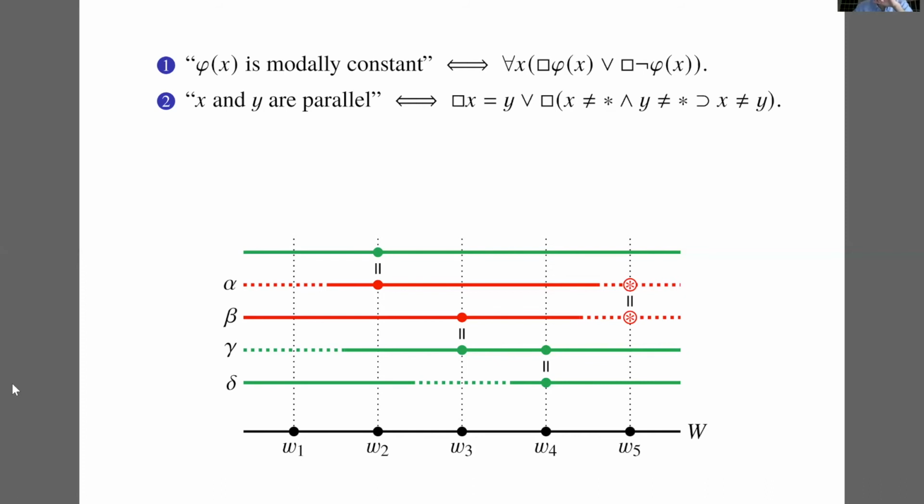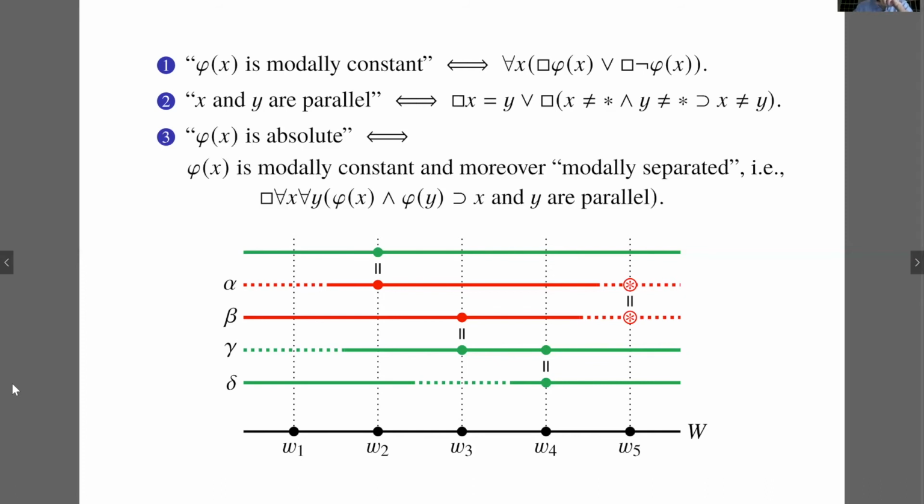Okay. Now, given those two, I'm going to define the notion of, well, not my definition, but this is Bressan's idea, that we can introduce the absoluteness of a given property as follows.